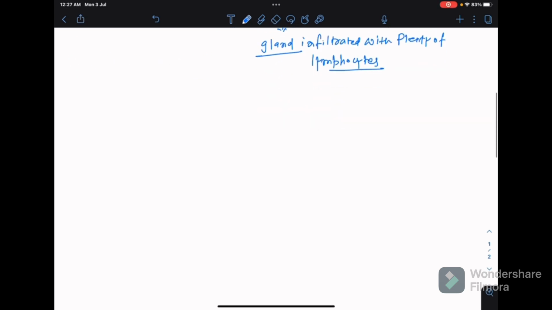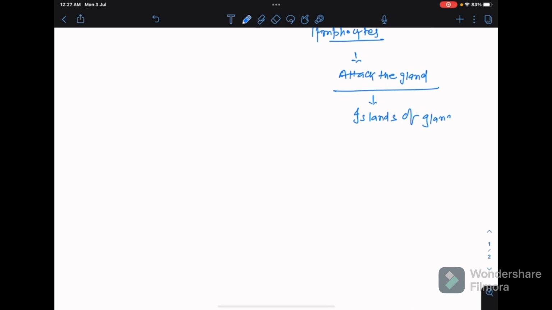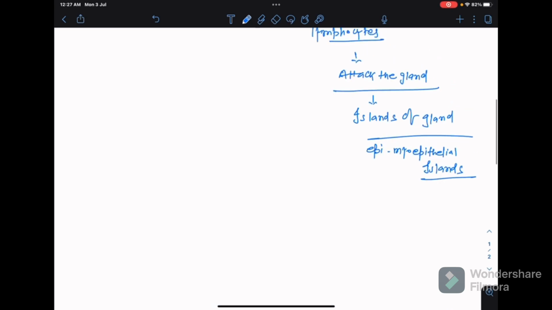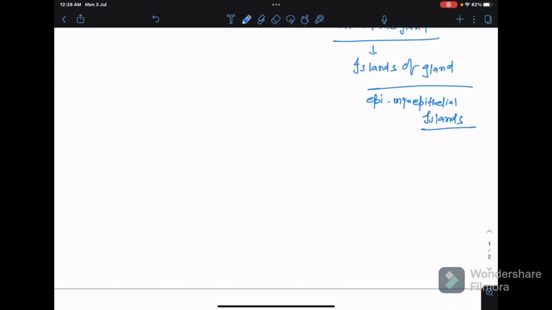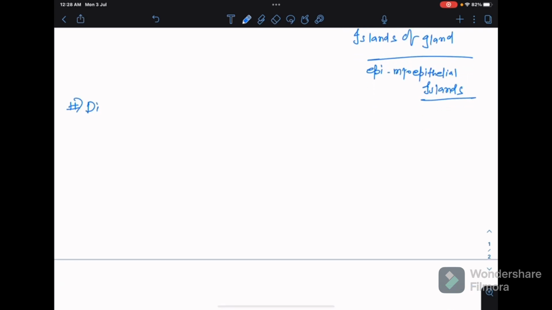And these lymphocytes attack the gland, leaving behind some islands of gland here and there. So this is known as myoepithelial islands. Most of the gland is destroyed, but some part is remaining, and this part is known as myoepithelial island.